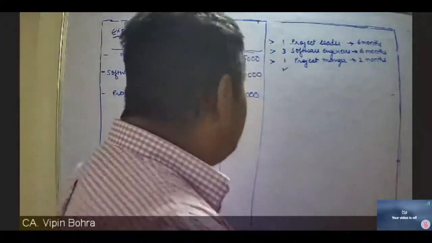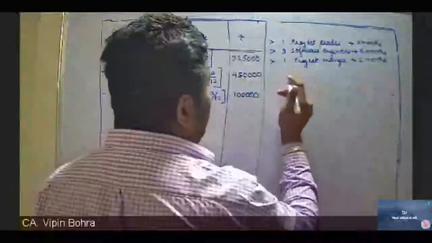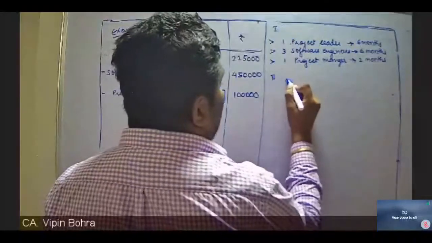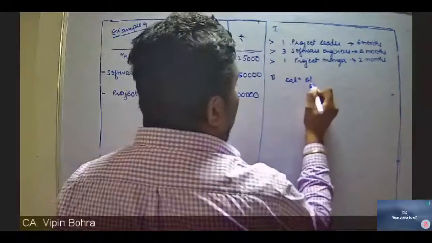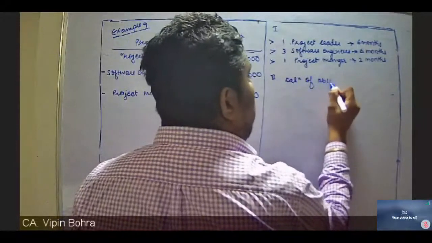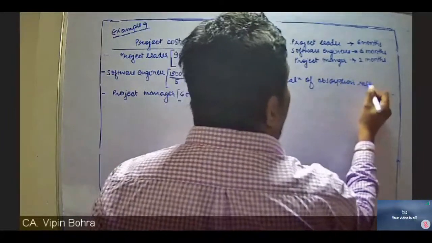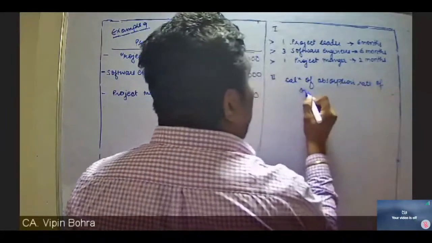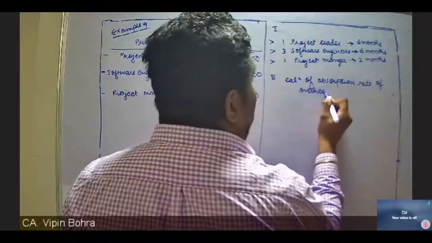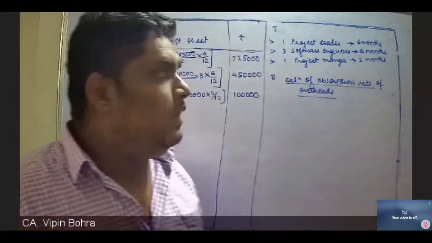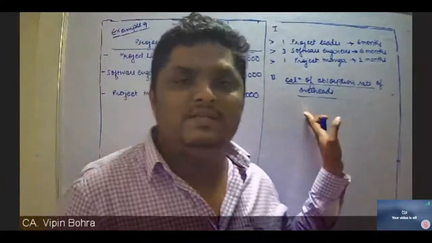So these overheads are also absorbed on the basis of the salaries paid. So, calculation of absorption rate of overheads. Why are we absorbing on the basis of salaries paid?